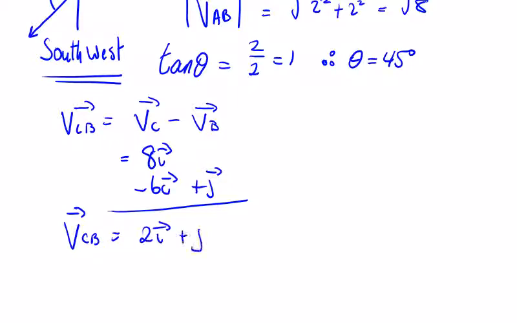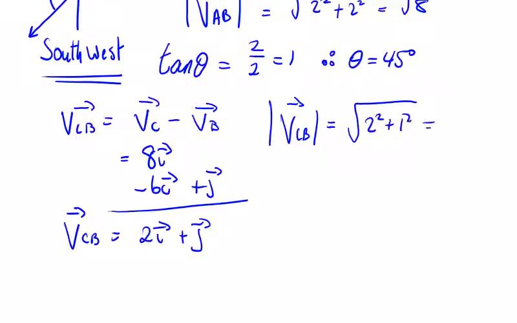2i plus j. The magnitude of this, you can see the answer is going to be root 5, 2 squared plus 1 squared, which is root 5. And the direction, the tan of theta is equal to 1 over 2, which gives me just over 26.5 degrees, 26 degrees, and I'll change that to minutes, 34 minutes on a calculator.